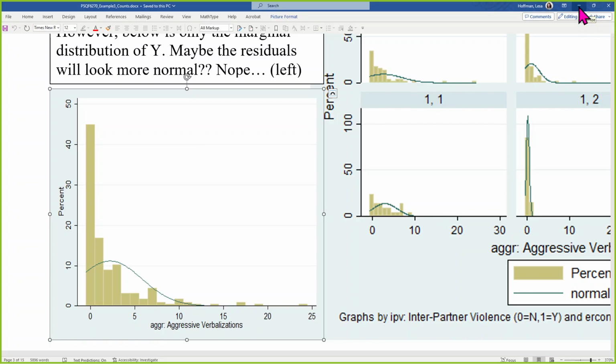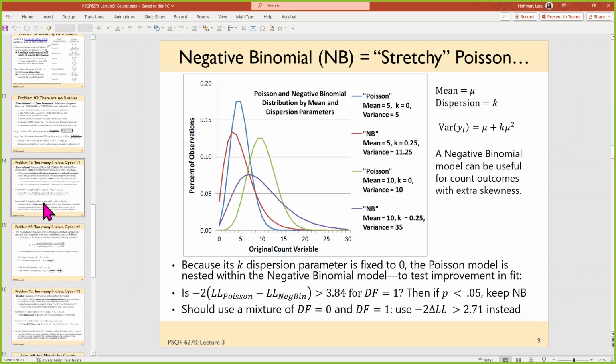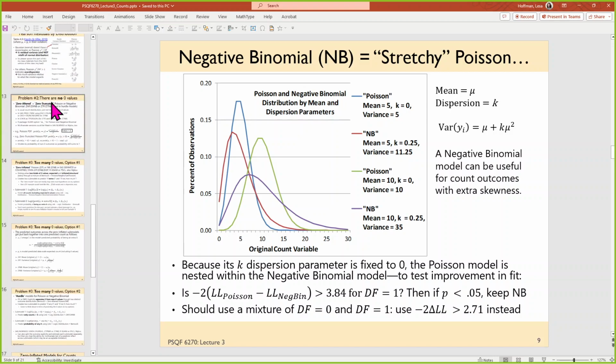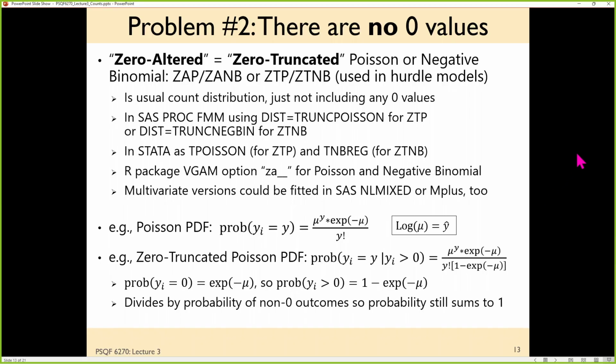There are two different versions of models that address zero inflation. So let me describe how they work. Actually, one stop in the middle briefly. This is slide 13. We didn't talk about this yet, but if you have no zeros, then you pick a version of the Poisson or negative binomial that does not have zeros in it.